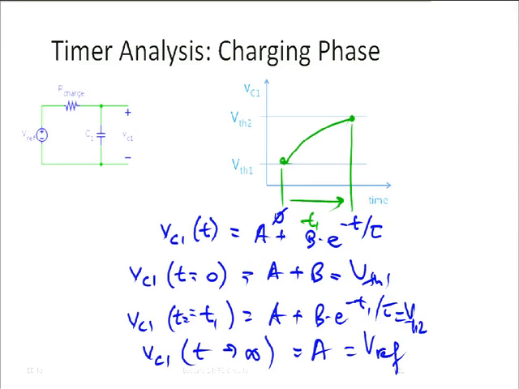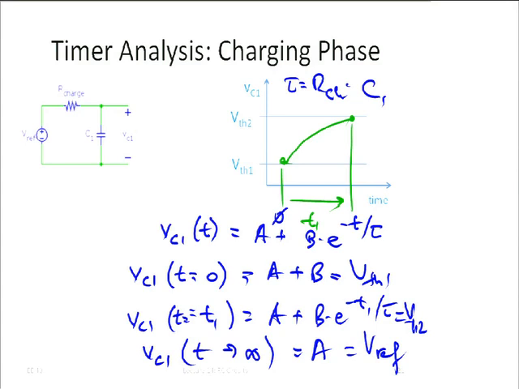So then we can determine these coefficients a and b, and then from those we can calculate what is t1. Actually, there is one other thing that is unknown in this equation that we need to write an equation for. What else? Tau. And tau is equal to R charge times C1, right?